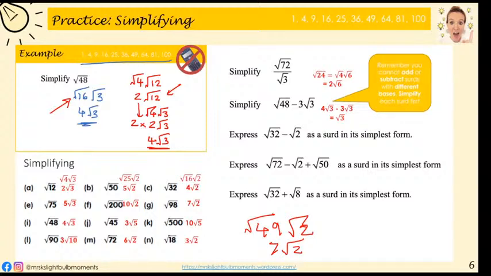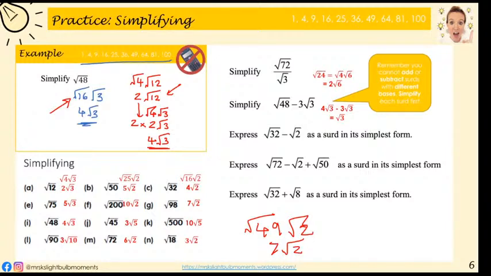Division, multiplication is fine, but adding or subtracting, just like fractions, fractions have to have the same denominator, surds have to have the same base to be added or subtracted. So root 48 we have to simplify and we get 4 root 3. We take away the 3 root 3. If I've got 4 lots of root 3 and I take away 3 lots of root 3, I'm just left with 1 lot of root 3, with just root 3.